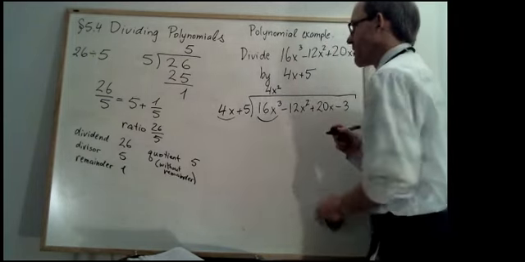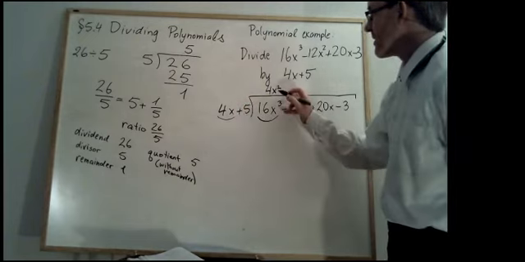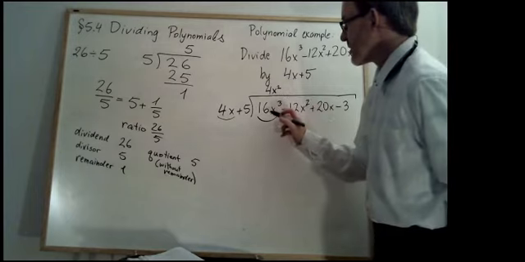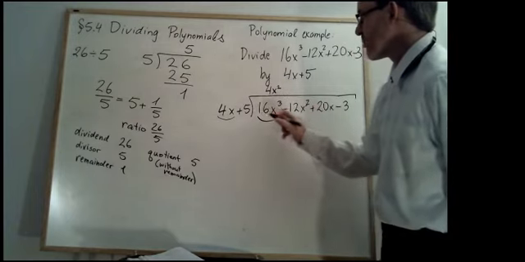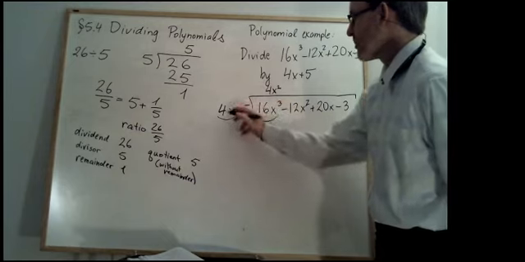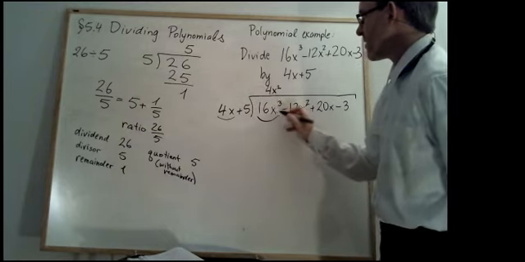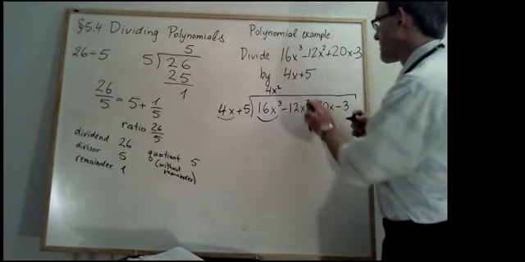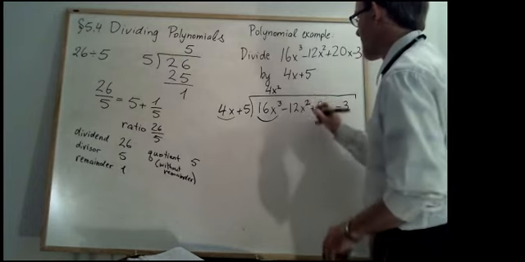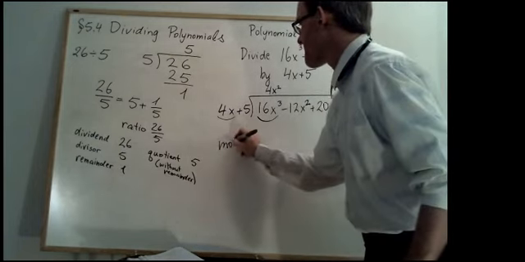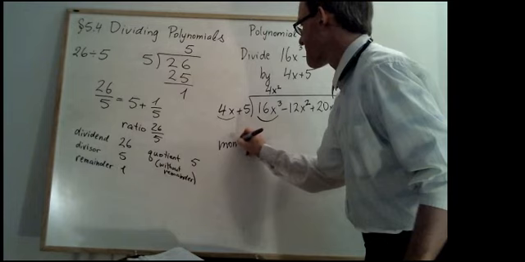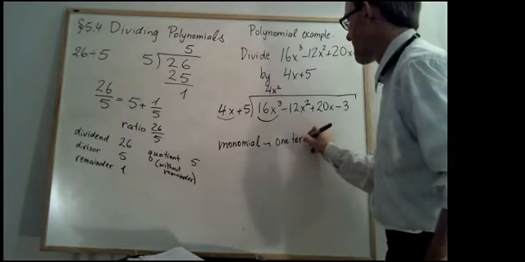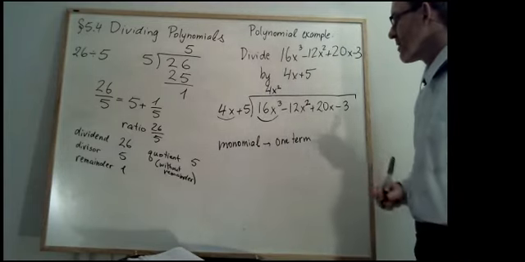So here you look at the first term and then determine the number which, when multiplied by that first monomial, gives you the leading term, the leading monomial, of this larger polynomial. Monomial means one term in a polynomial.